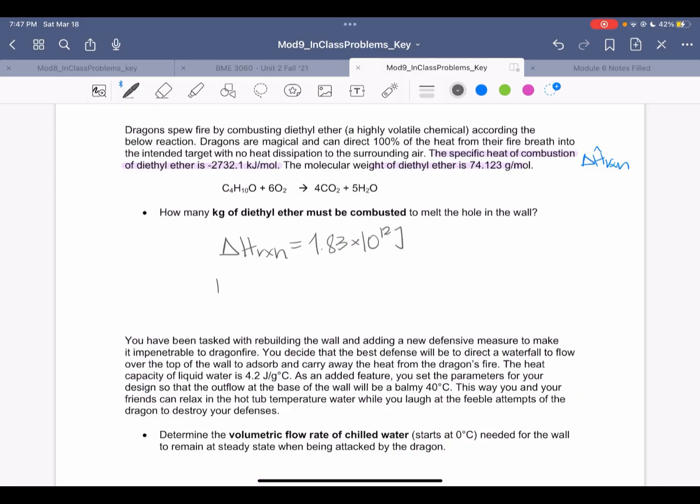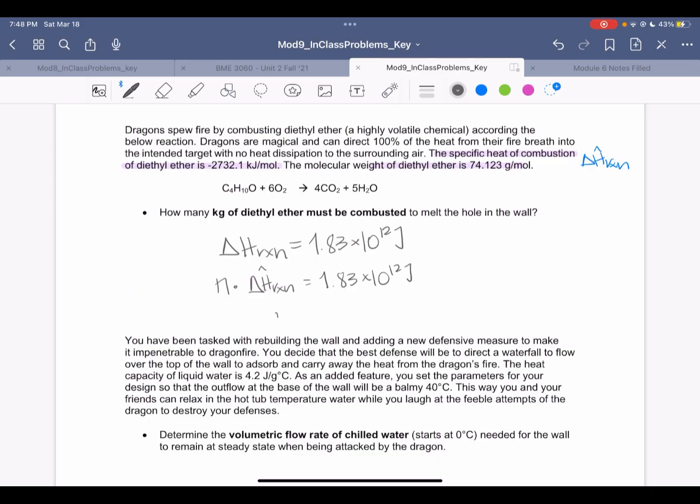And remember that to calculate delta H, we multiply the total number of moles by the specific heat of reaction. And that's equal to 1.83 times 10 to the 12th joules.